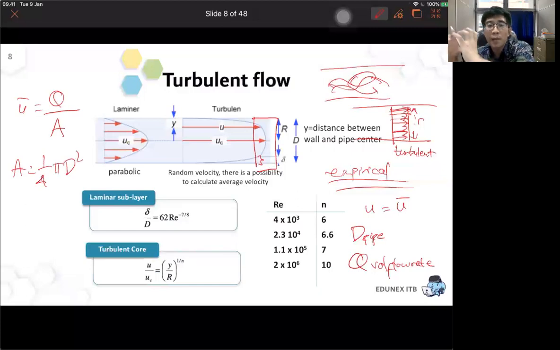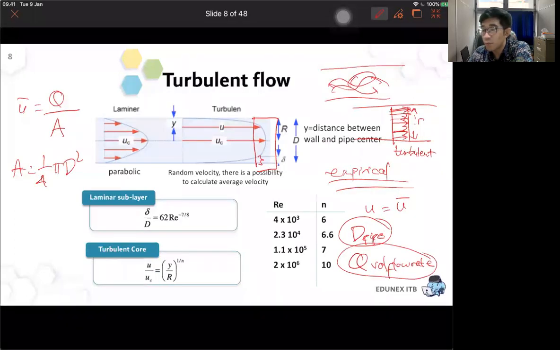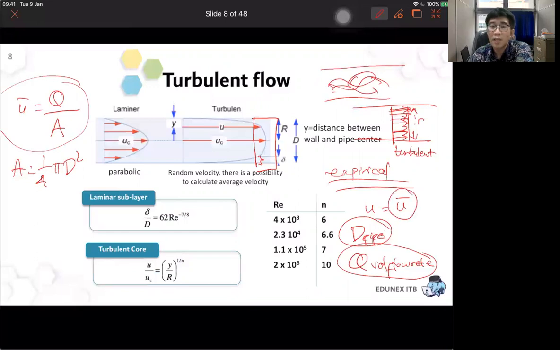So if the pipe is a cylinder shape, if you know the value of the diameters and you already know the value of the volumetric flow rate, you just divide it. This is the value of average linear velocity.